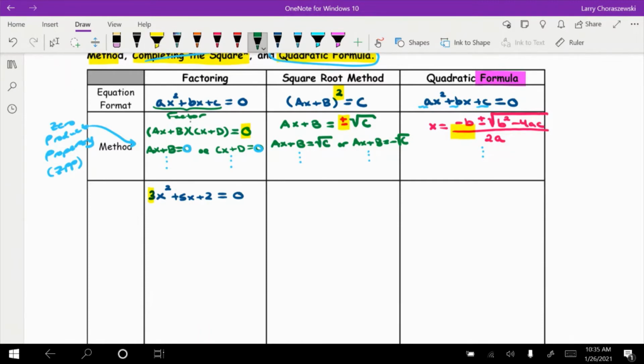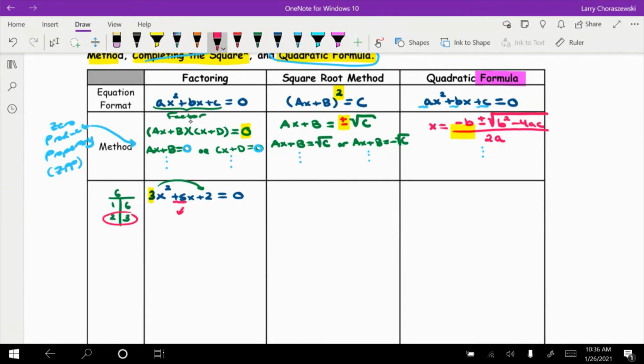So if you're going to try and factor this, you might want to use the AC method. So we do 3 times 2, that gives us 6, which I'll do a factor table over to the left. And factors of 6 are 1 and 6, 2 and 3. And we need factors of 6 that add up to 5. And that's going to be 2 and 3, right?